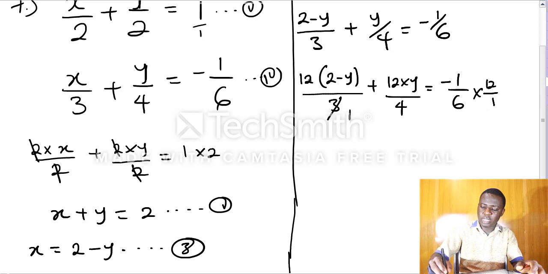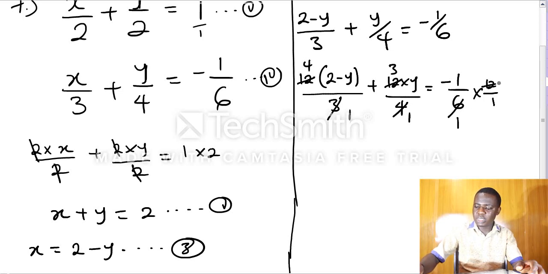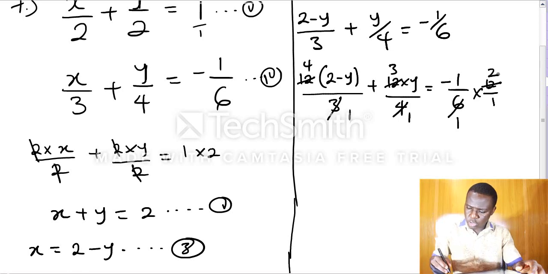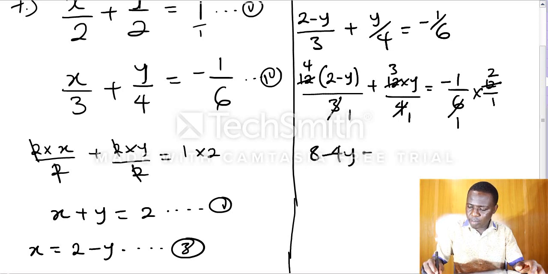This becomes 3 into itself is 1, 3 into 12 is 4, 4 into itself is 1, 4 into 12 is 3, 6 into itself is 1, 6 into 12 is 2. So when you simplify and expand this bracket, it's going to give us 8 minus 4y plus 3y is equal to minus 2.